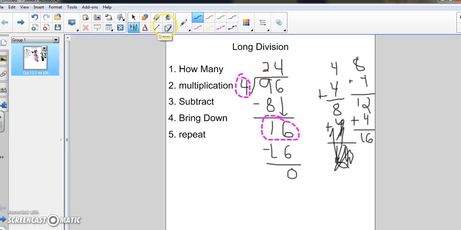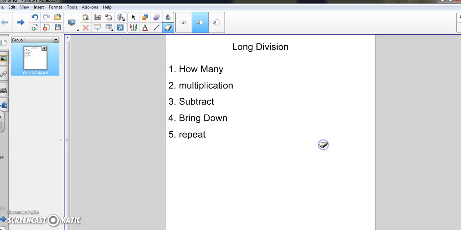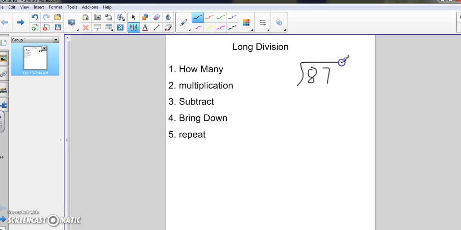Okay, we're going to do a little bit different of a problem now. One will have a remainder. And so let's say I have 87 divided by 3. Well, I ask myself, how many.